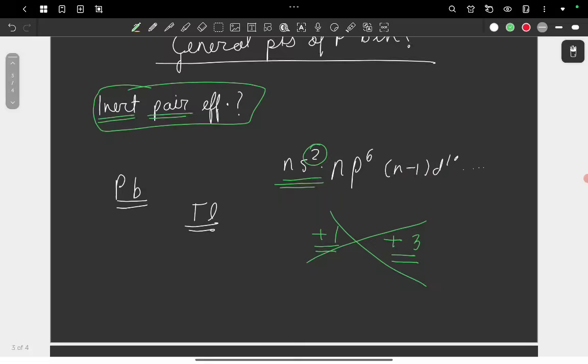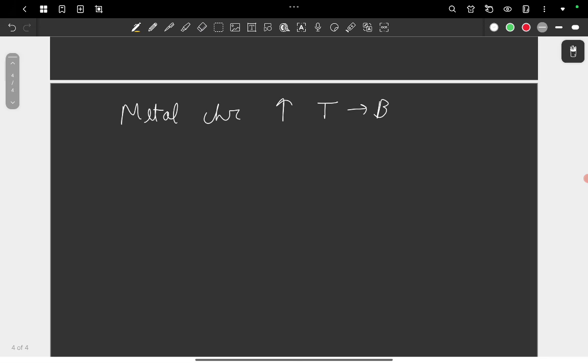Now, another point I want you guys to know is that the metallic character of the elements, which means their tendency to act as a metal, increases as we go from top to bottom. What does this mean? This means that as we go from top to bottom, their metallic character increases, means their non-metallic character decreases.